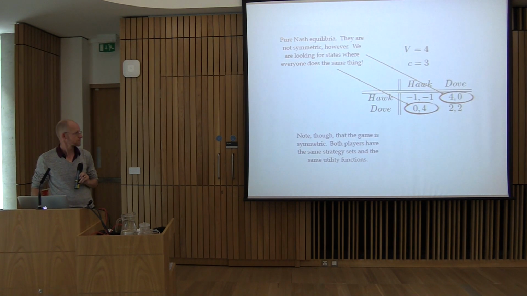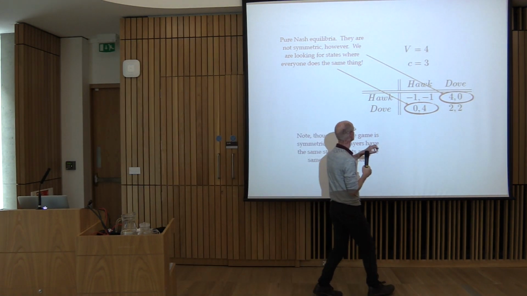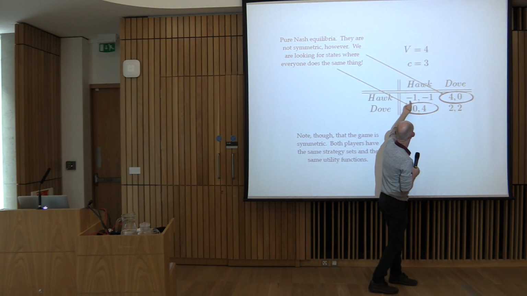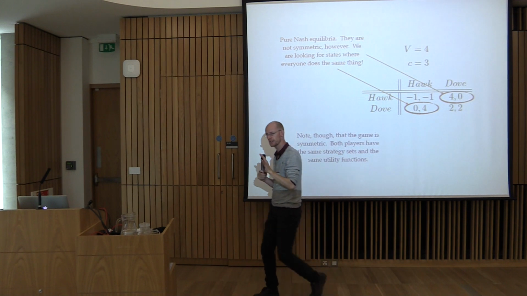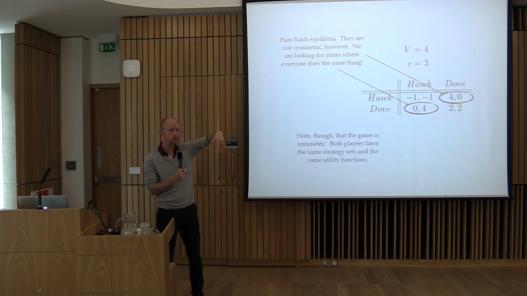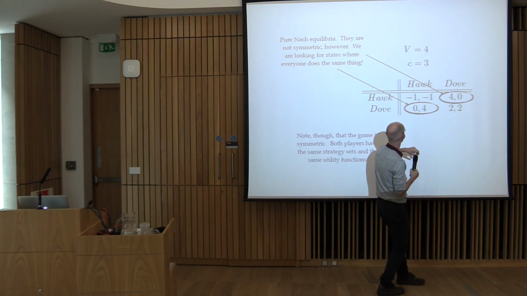But it's a symmetric game, right? We have here the payoffs for the row player and for the column player, but it's a symmetric game, so the same actions and the utilities are the same as well, depending on what the other does.